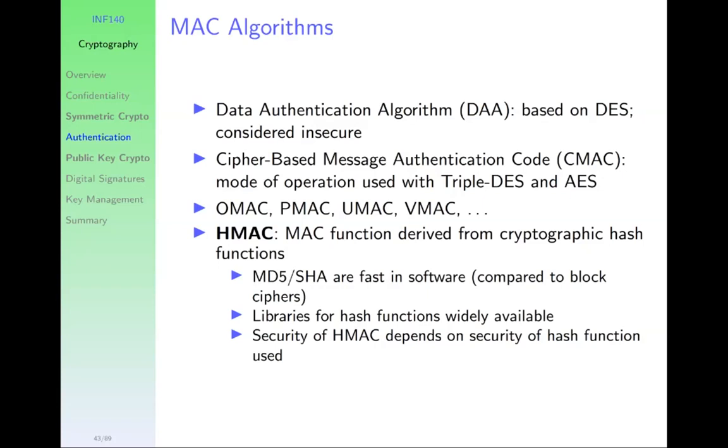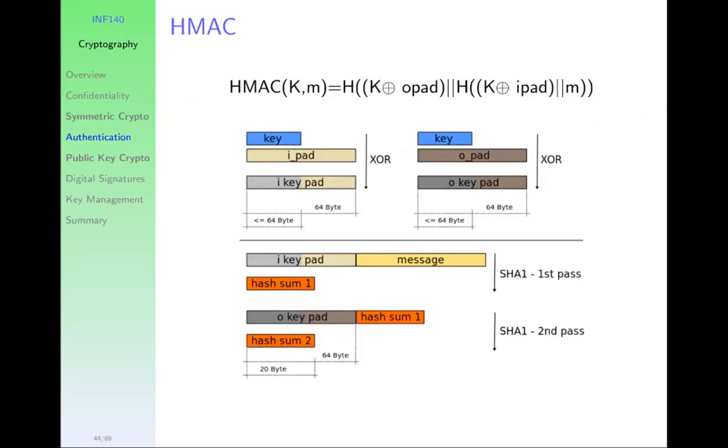Let's only look at one example, HMAC. I cannot say it's proven to be secure, but so far no attack has been found against HMAC. And here this H can use different hash functions.